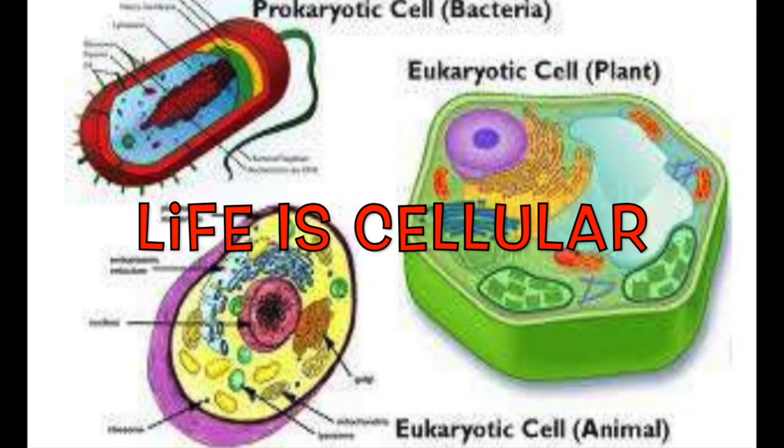Prokaryotes are cells that do not contain nuclei. Both words derive from the Greek word karyon, meaning kernel or nucleus, and eu meaning true, or pro meaning before. These words reflect the idea that prokaryote cells evolved before nuclei developed.